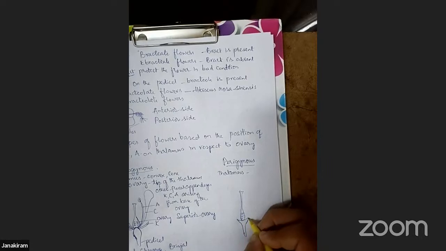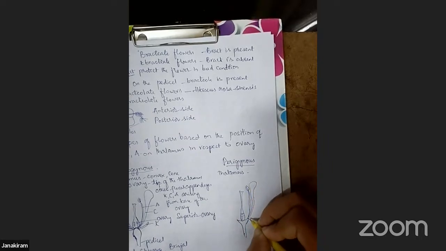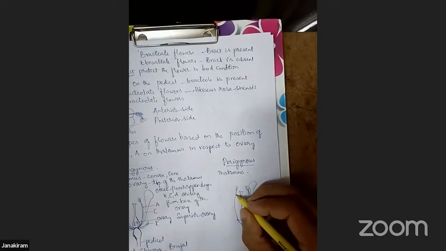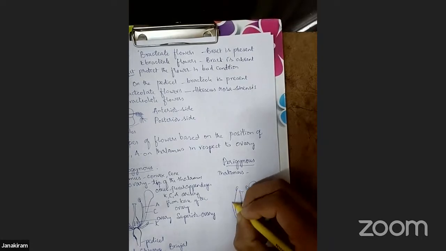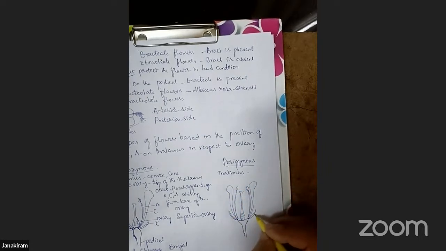The thalamus will have a rim. Other floral organs are formed from the rim of the thalamus like this. So K, C, and A.